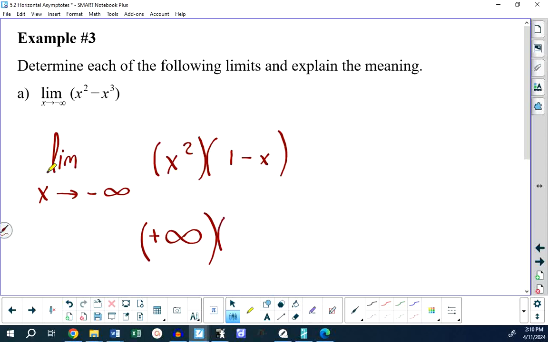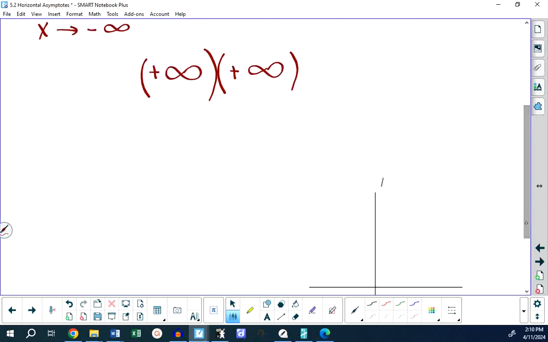Now, this will also approach positive infinity because you're taking 1 minus a negative infinitely large number. 1 minus negative 5 is positive 6. So as you take 1 and subtract an infinitely large number, you're going to get an infinitely large positive number. So what this is telling you is that this is positive infinity.